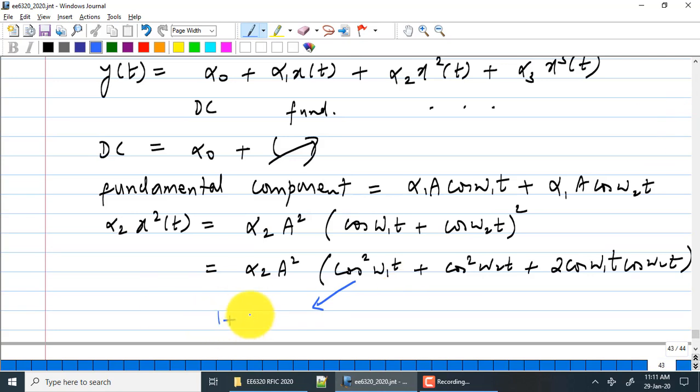So this will give me 1 plus cos 2 omega 1t by 2. This will give me 1 plus cos 2 omega 2t by 2. What is 2 cos omega 1t cos omega 2t? Cos of omega 1 plus omega 2 t plus cos of omega 1 minus omega 2 t. Okay, so let me do one thing.